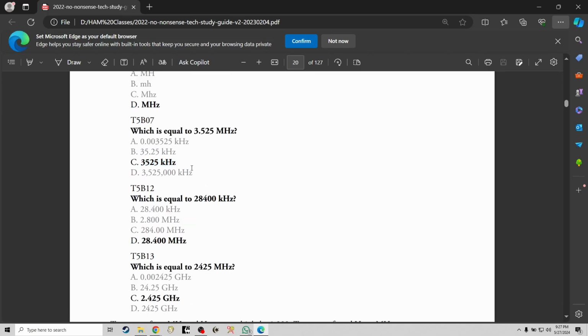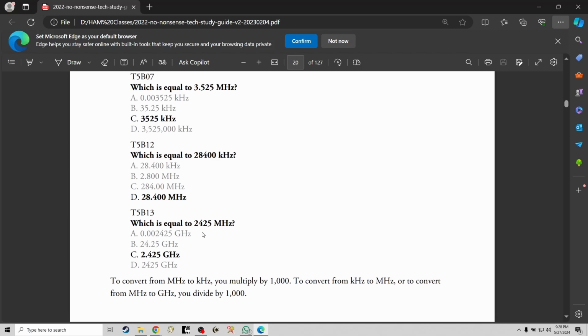So you would basically multiply that, move the decimal point over one, and you get your kilohertz, which is equal to 28,400 kilohertz. Move the decimal point over two spaces, and you get 28.4 megahertz, which is equal to 2425 megahertz. Move the decimal place over once, and you would get gigahertz.